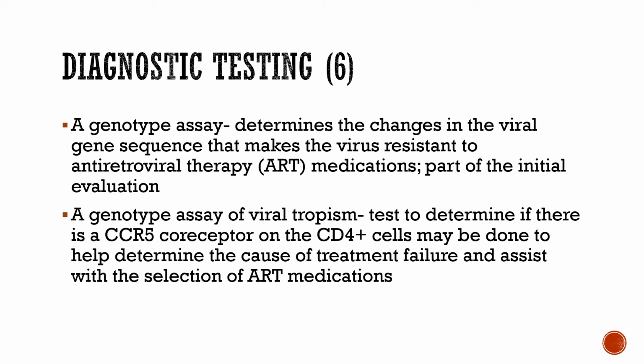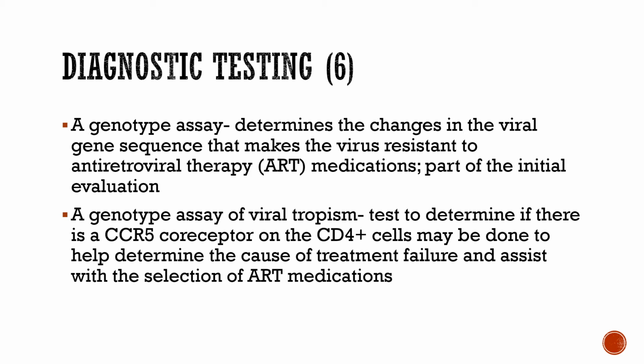So, diagnostic testing. A genotype assay will determine the changes in the viral gene sequence that will make the virus resistant to antiretroviral therapy. These are ART medications, and this is part of the initial evaluation.